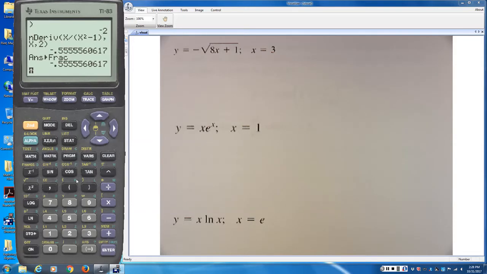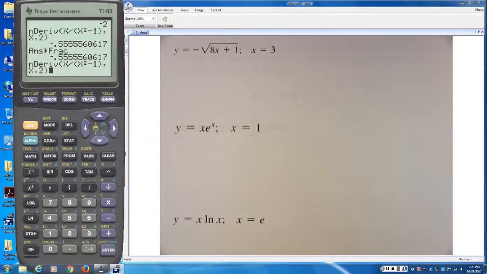So, again, we're going to do nDeriv, and our function this time is going to be negative sign, square root, and it opened up your parentheses as it should, 8x plus 1, close the parentheses, comma x, comma 3.